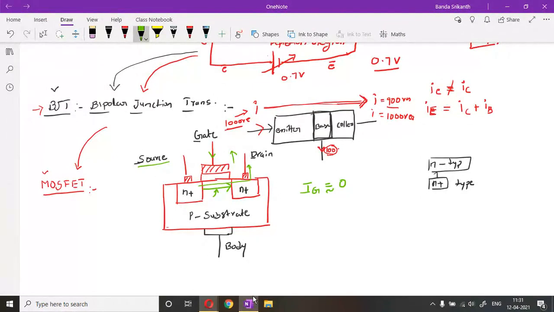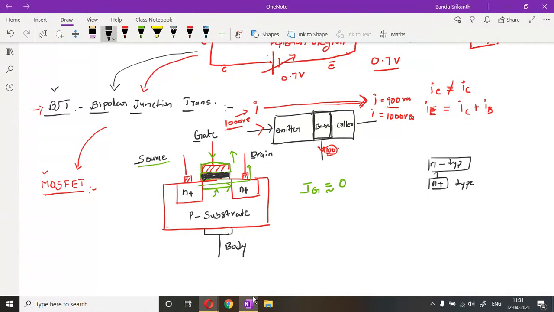Why is the current not going into the gate terminal? Because in between the gate and the substrate there is another material. What is this material?